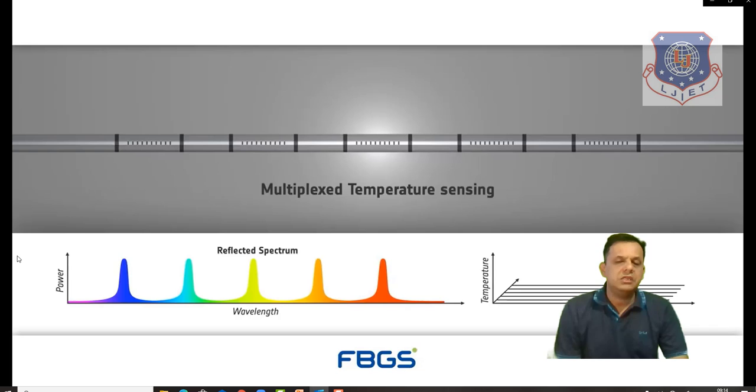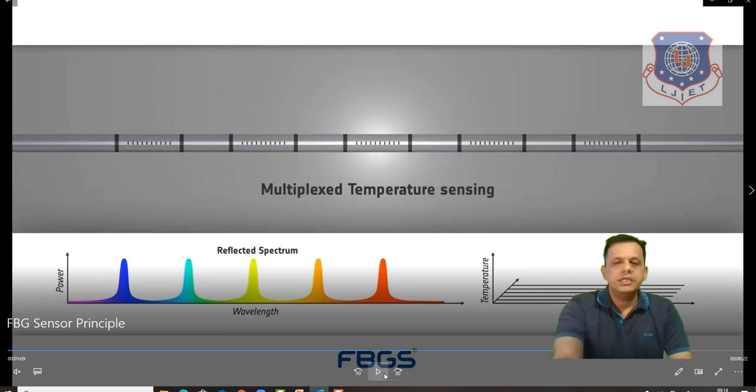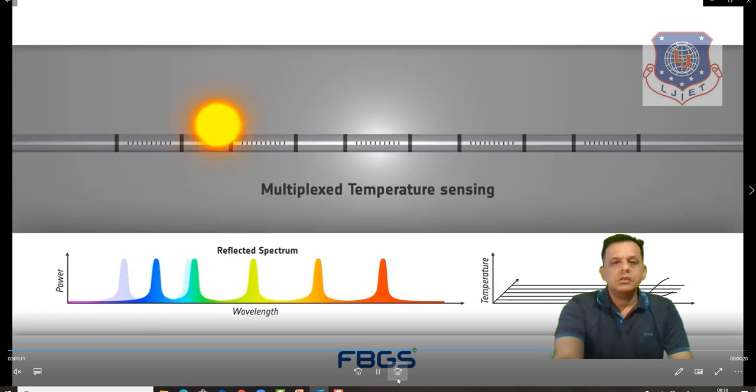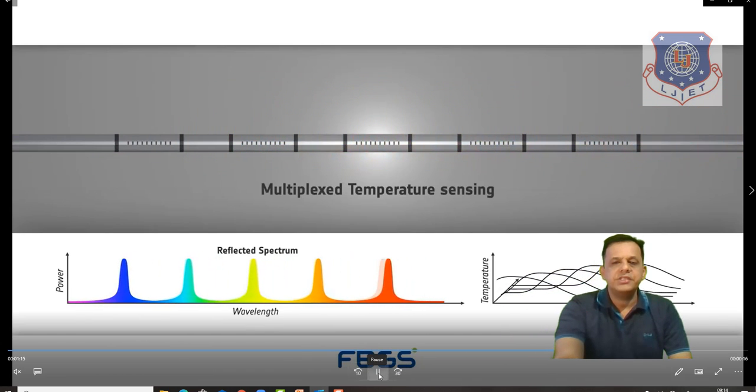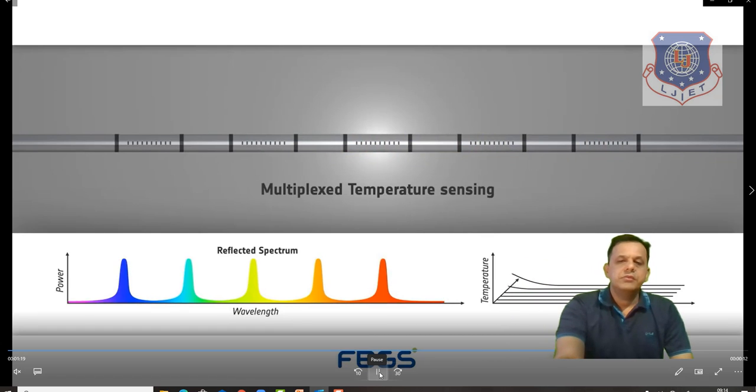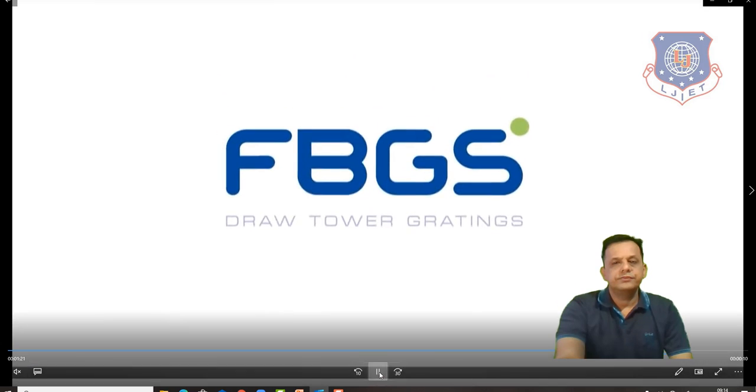We can make it for temperature measurement also, and the reflection of the particular wavelength can be expressed in terms of temperature with respect to time, say dynamic measurement. So this is what I tried to add here. You see the pattern of the variation in the temperature, and how you get the readings or results with respect to time.